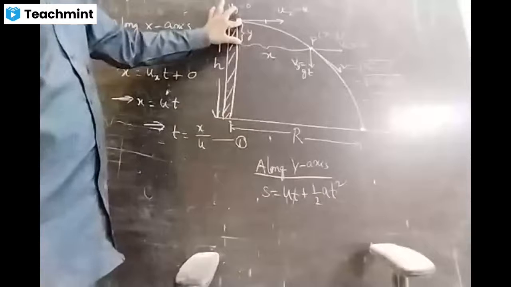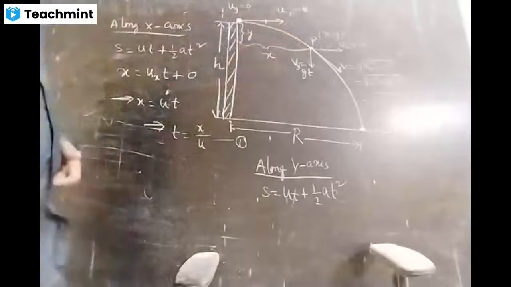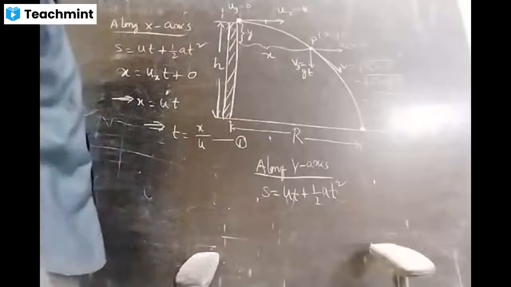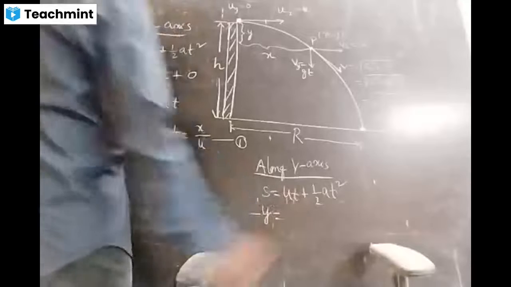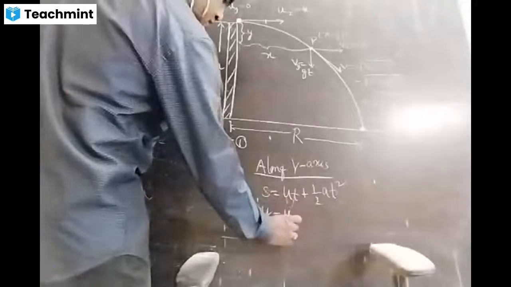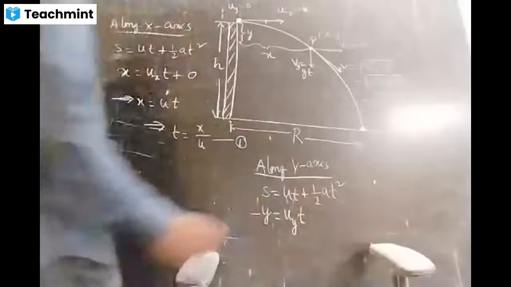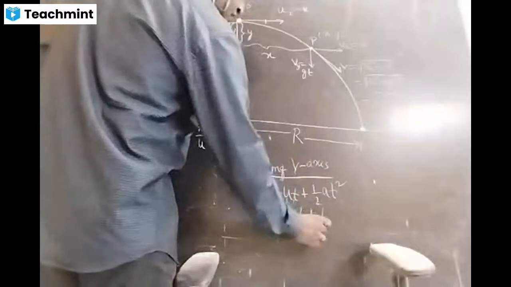The displacement traveled by the particle when it reaches y, with uy, is uyt. Minus y I will take because it is coming downwards. So minus y is equal to, in place of u I have to write uy into t plus half into, what is the value of a? Plus g.